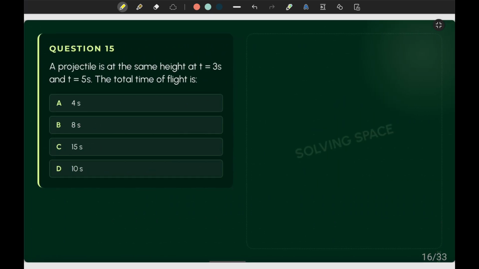Question number 15. A projectile is at the same height at t is equal to 3 seconds and 5 seconds.